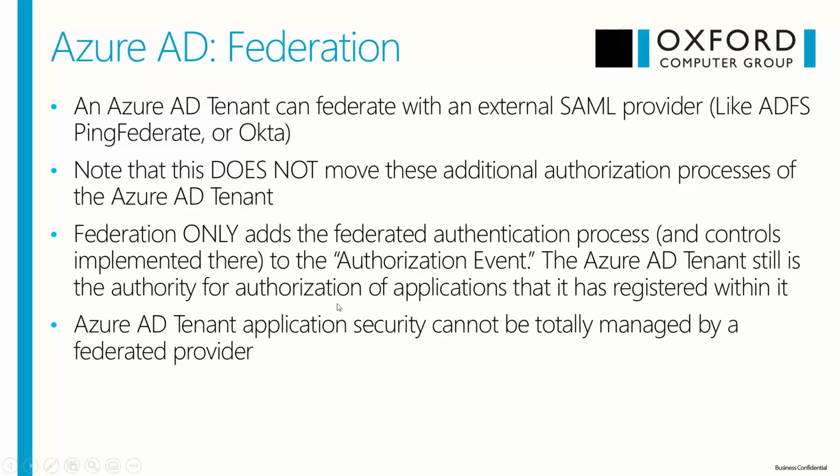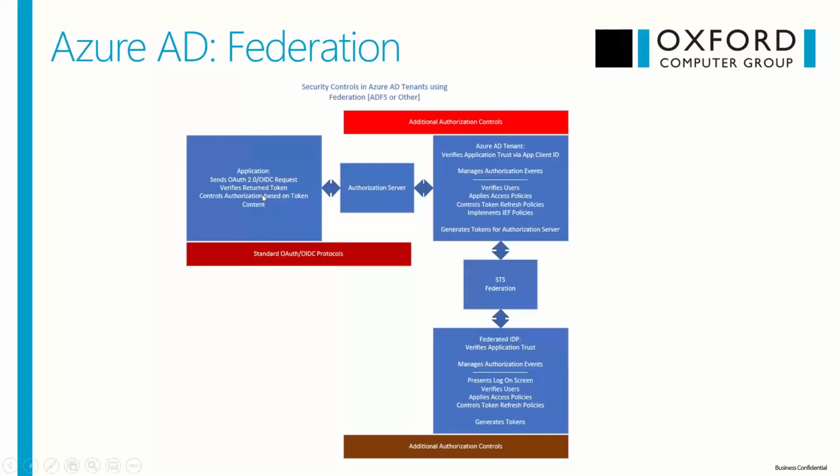And the Azure AD tenant can't be totally managed by a federated provider. Here's a diagram of that you have on the left here. We have your Azure AD tenant, or the application rather, that is using the standard OpenID Connect protocols there, OAuth 2 protocols. And then you have your controls in Azure over here that I've talked about.